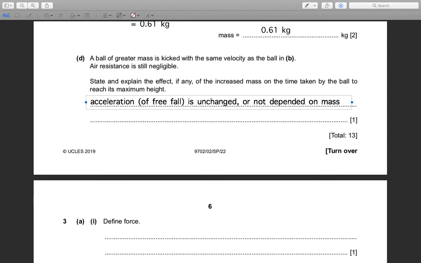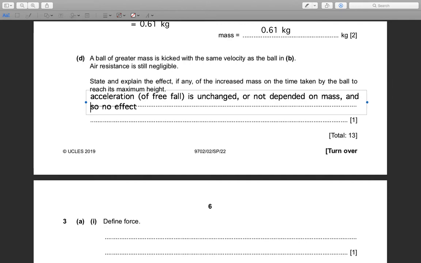And so there is no effect on the time taken.